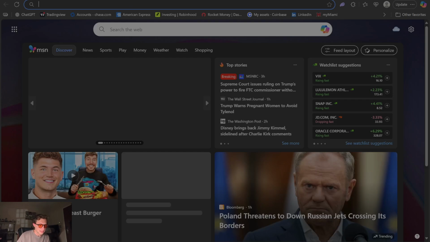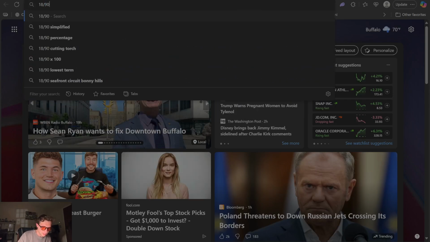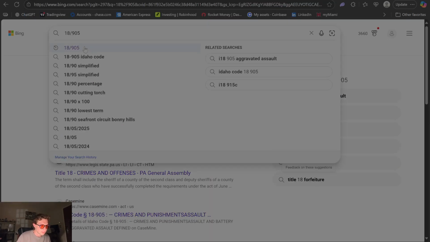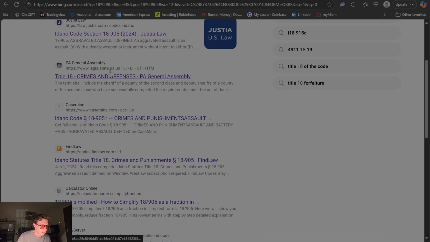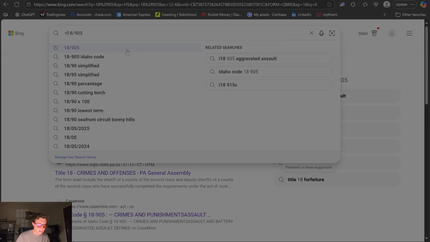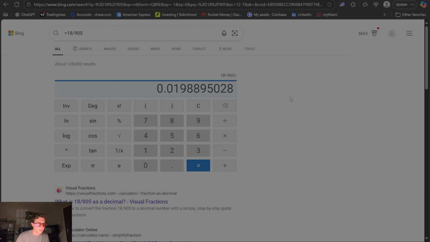So if you take $18 divided by the current share price in 100 share increments, we'll go equals. Perfect. This is a nice little 2% return in that amount of time.